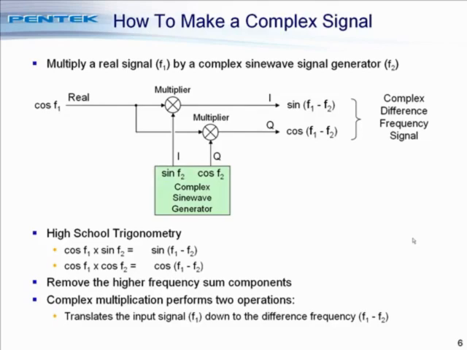So that's the first thing that the complex mixer does, it creates the difference frequency, but then it also converts the real input signal to the complex representation signal at the output. So translation and real to complex conversion. Those are the two things that this complex mixer does.